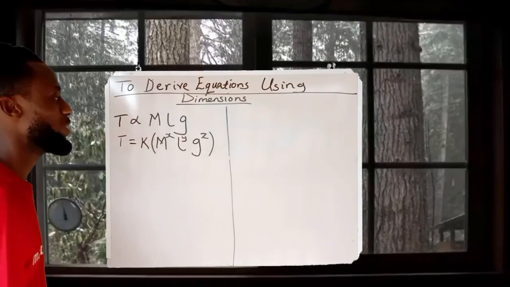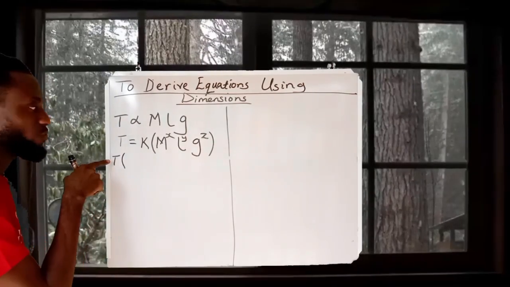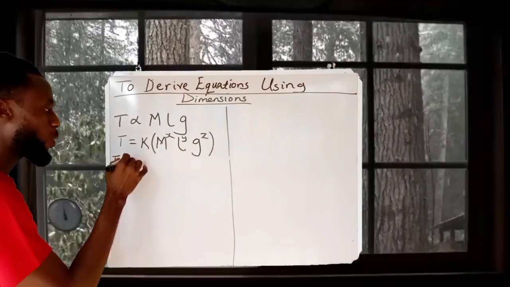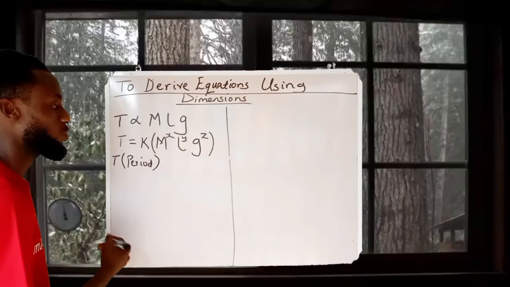Now we do exactly what we did previously. We now try to piece out what the dimension of T is. T was called period, and period is measured in seconds, like time.